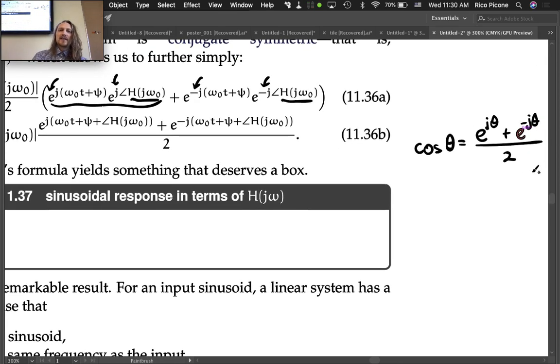And that's essentially what we've got here, where theta is that big exponent without the j.